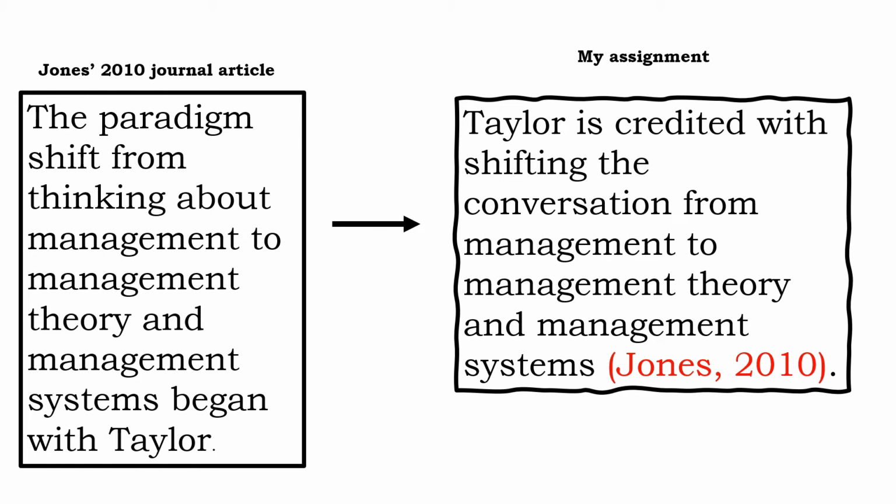You keep the meaning, but you change the words so it no longer resembles the original Jones's 2010 article. It has kept the same meaning, but the words have changed. You reference Jones 2010 because you got this idea from Jones. You have now paraphrased and referenced correctly.